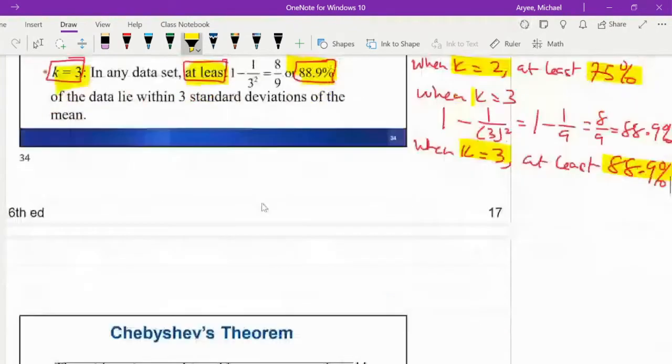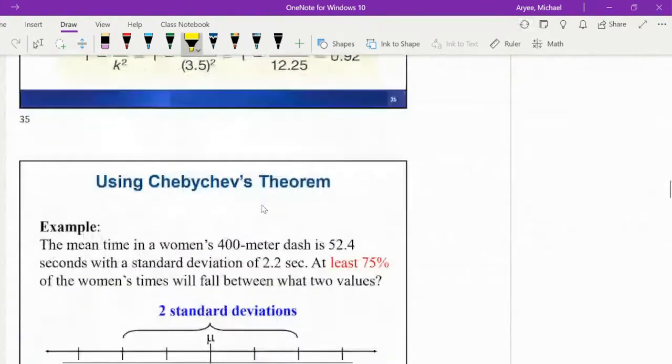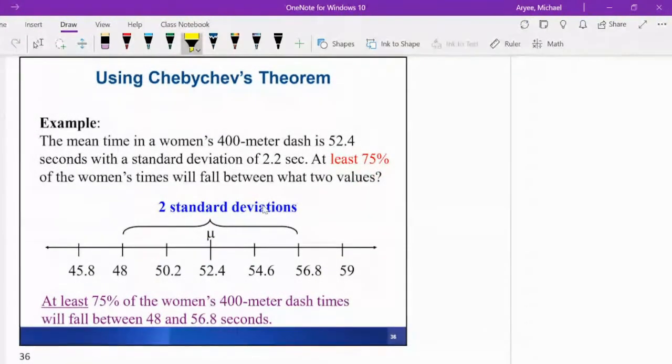Always. Okay. Now, how do we answer questions that relate to Chebyshev? Anytime you're doing Chebyshev, think of a triangle whose vertices mean three things.